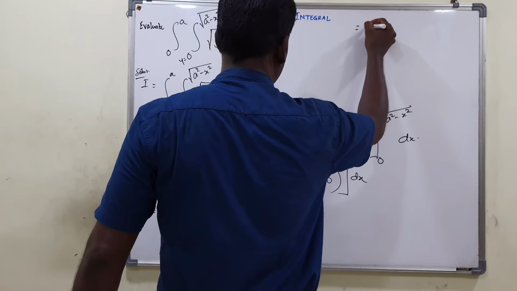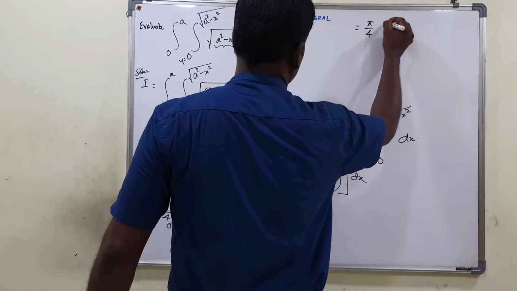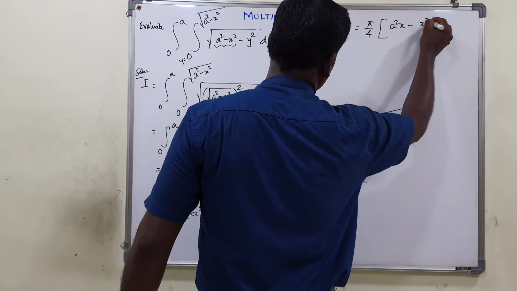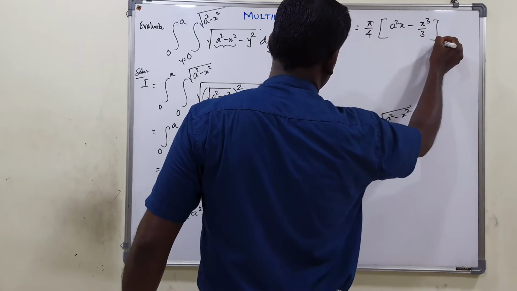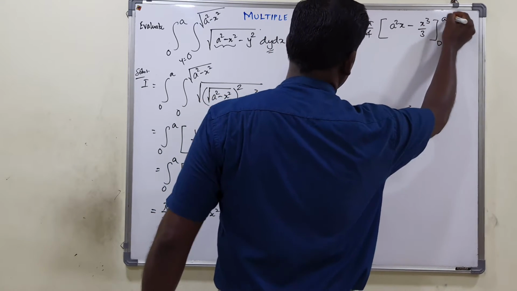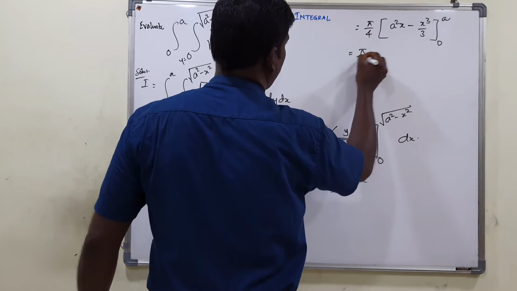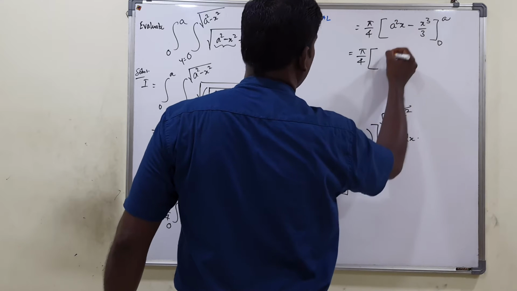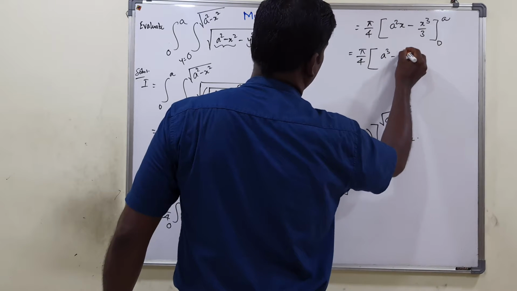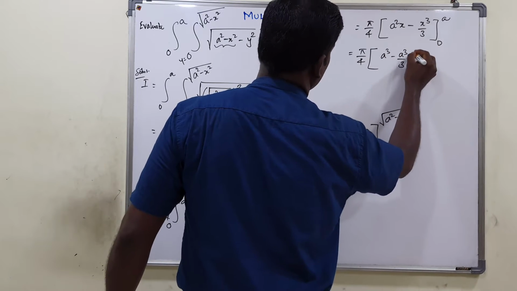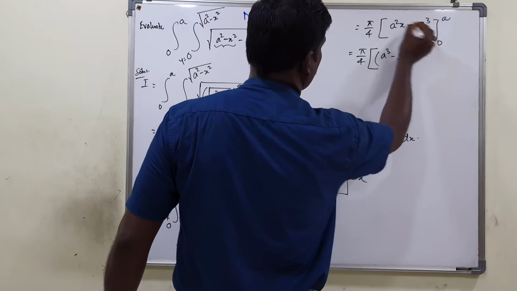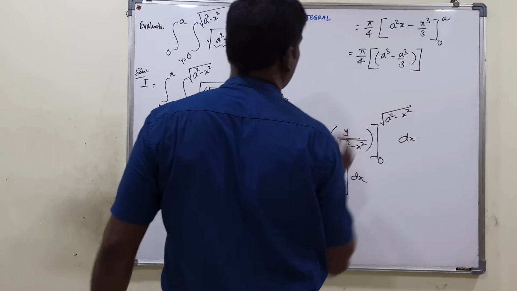That is equal to pi by 4 into a square x minus x cube by 3 from 0 to a. Applying the upper limit, a cube minus a cube by 3. Minus applying the lower limit, x becomes 0, 0 minus 0, so everything will be 0.